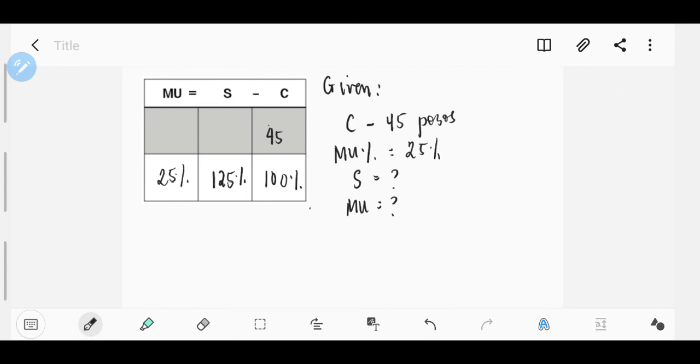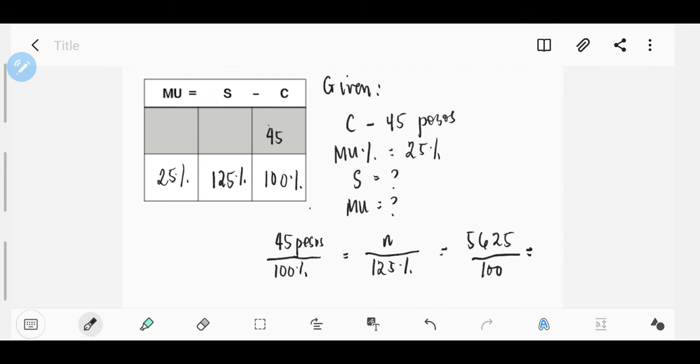Okay. So, paano natin malalaman kung magkano yung selling price? So, magagamit natin dito yung concept ng ratio and proportion. If 45 is 100%, 45 pesos to, diba? What is 125% of 45? So, gagamitin natin dyan yung N. So, 45 times 125, that gives us 5625 divided by 100.